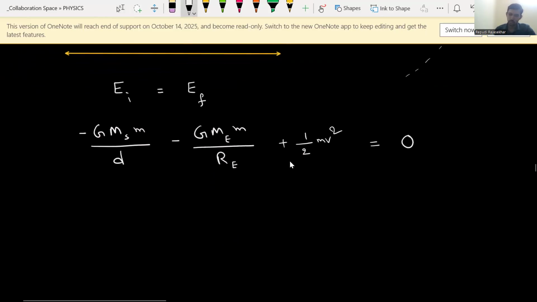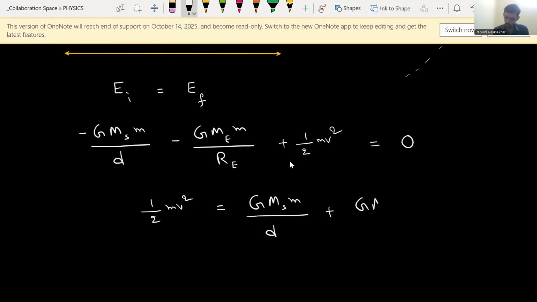Now we want this v value. So how to write that? Half m v squared equals, writing all the negative terms on the right side, G times the mass of the sun times the mass of the rocket divided by d, plus G times the mass of the earth times the mass of the rocket divided by r_e.